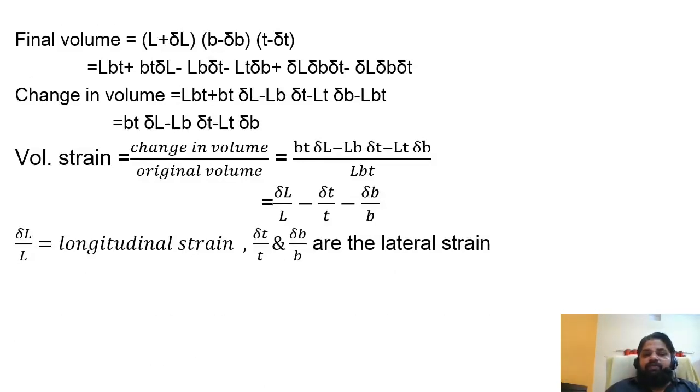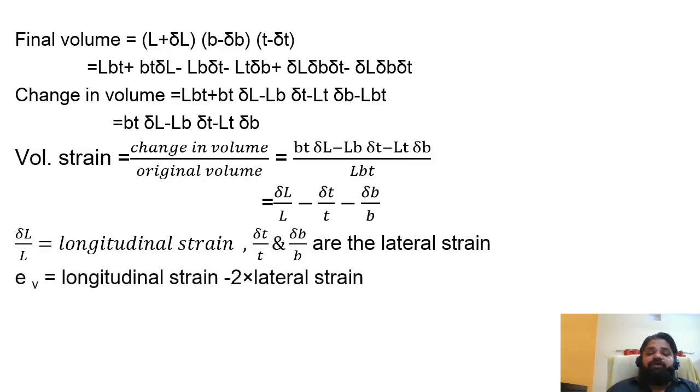Now delta L by L is nothing but the longitudinal strain. That means the total volumetric change is the longitudinal strain minus the other two lateral strains, delta T by T and delta B by B. Now EV is the longitudinal strain minus 2 into lateral strain. Why could I write 2 into lateral strain?